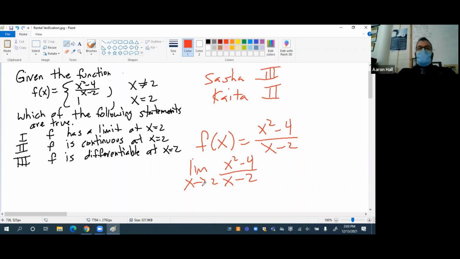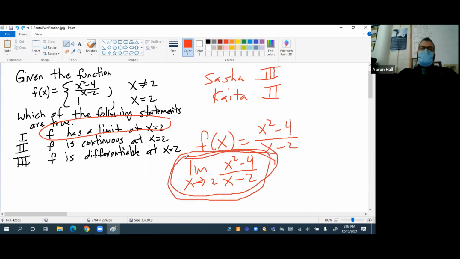Yeah, so what is a tool for solving this? If I want to know whether there's a limit when x approaches 2, which is literally the statement I've said, that the limit as x approaches 2 of our function, what from our tools on limits, is there a way we can find the limit for this?